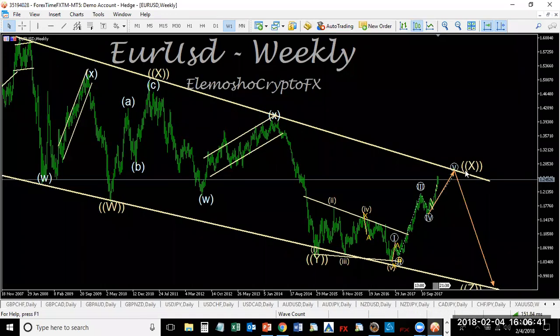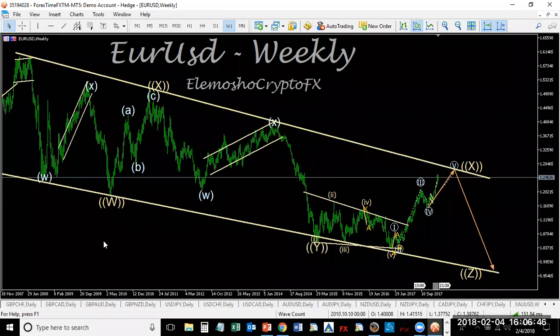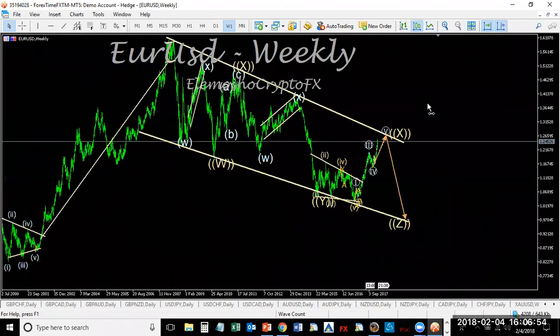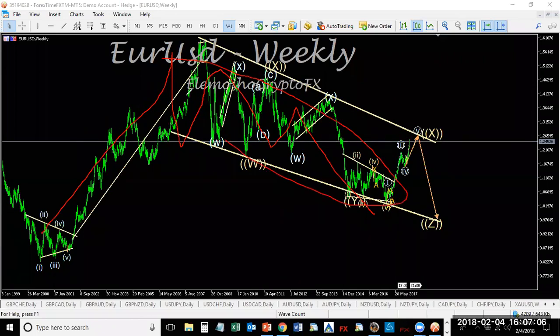So we are still expecting one more down move for this Z here. We have WXYXZ before the market goes to the upside. So it's going to form something very simple in the long run, which is something like this: impulse 1, 2, 3, 4, 5. Then this whole area represents your correction before you start having the next impulse to the upside.